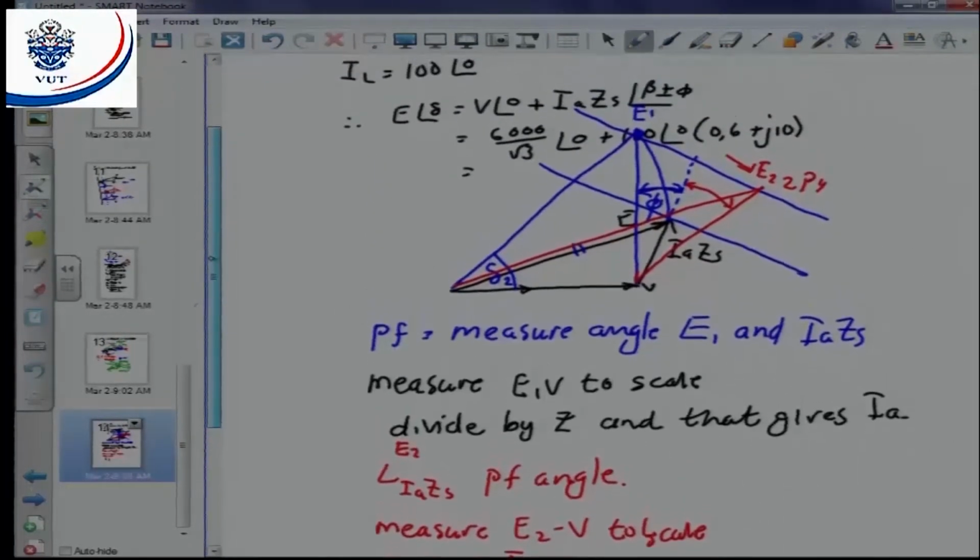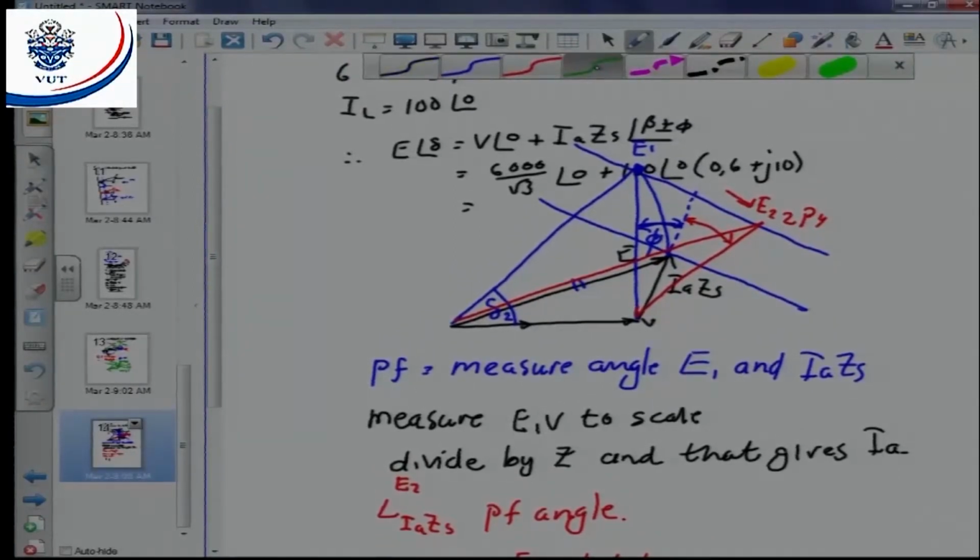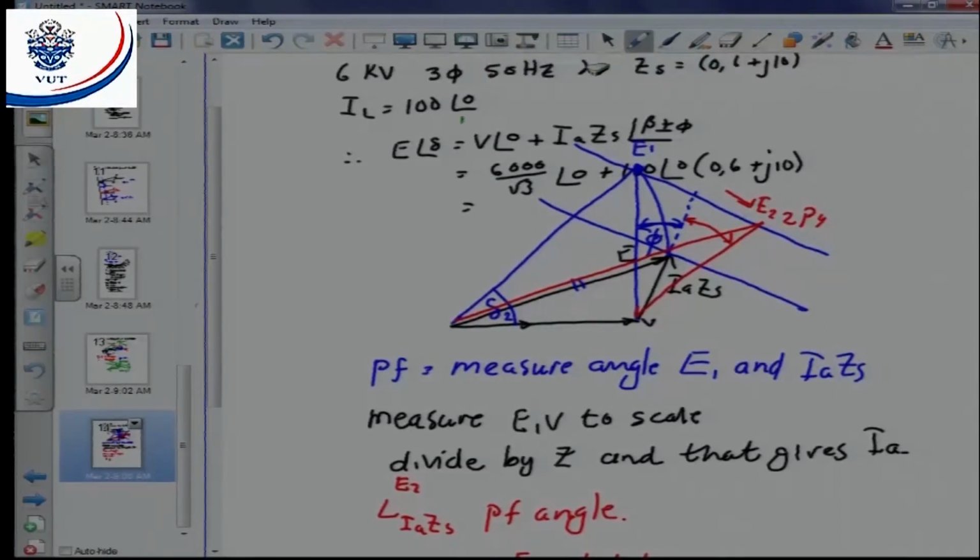And therefore, if we butcher this picture a little bit more, this angle here is where delta is equal to beta, and then for the same current here, that is now, let's say, E3.